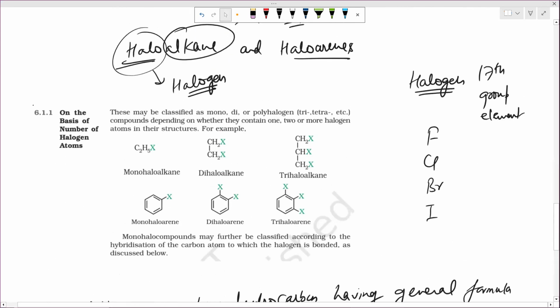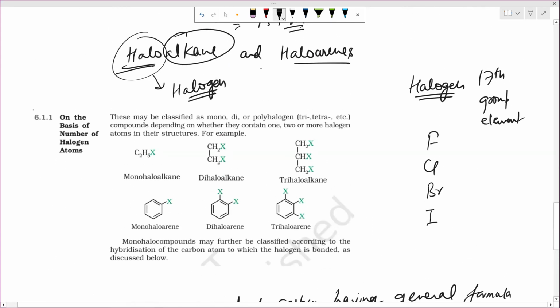So if I am talking on the basis of classification, there can be different types of haloalkanes: mono, di, tri, tetra, poly halogens, depending on whether they contain one, two, or three halogens. This is containing only one halogen.